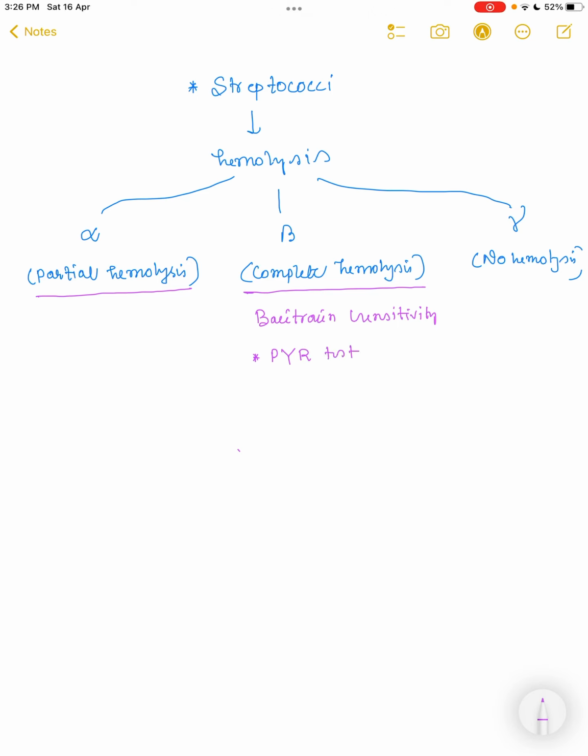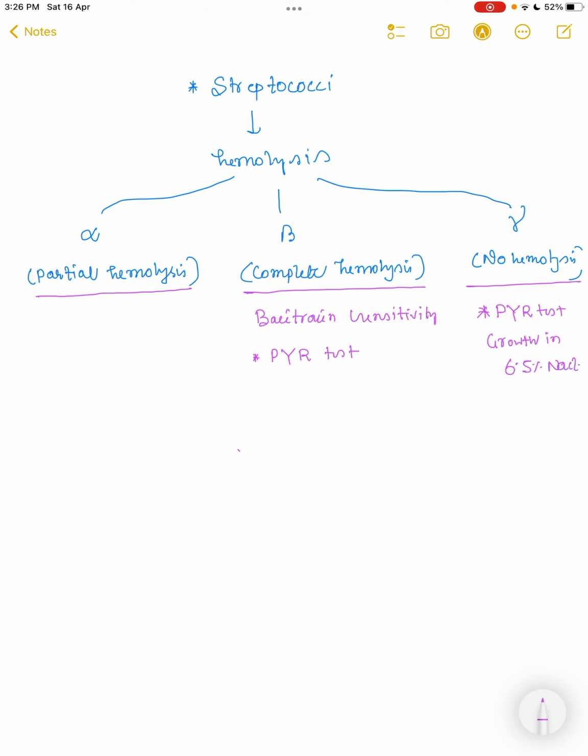Here in case of no hemolysis, we also have to do the same thing, the PYR test, and also look for growth in 6.5% NaCl.